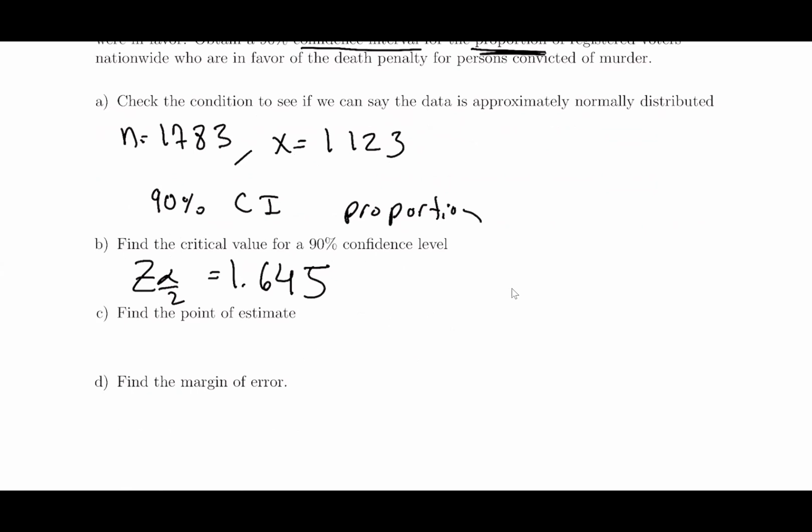If you go to part C, it says find the point of estimate. So the point of estimate is P hat, which is equal to 1,123 all divided by 1,783. So I'm going to go ahead and do this calculation.